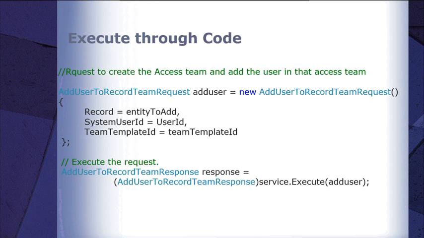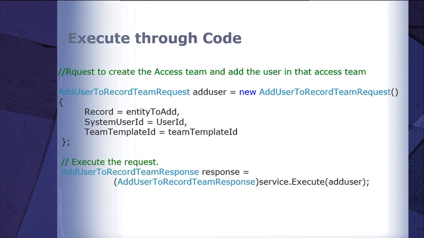Once you have passed all of this information, you will be able to programmatically share the record with the user given the template ID. Similar to AddUserToRecordTeamRequest, there is also a RemoveUserFromRecordTeamRequest to remove a particular user from the team.